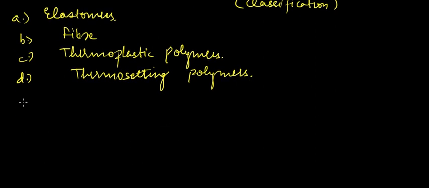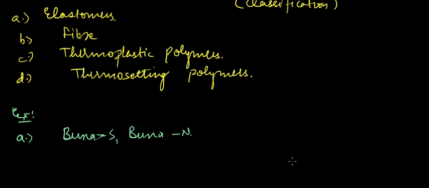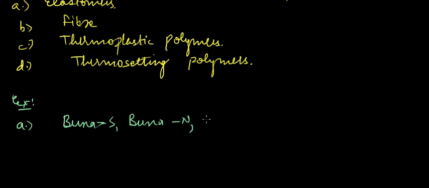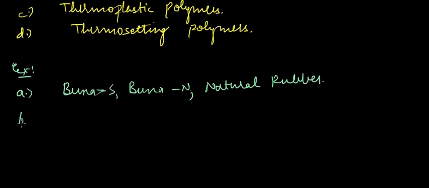So let's see the examples of each classification. The examples of elastomers would be Buna-S and Buna-N, and we can also have natural rubber. Then let's see examples of fibers.